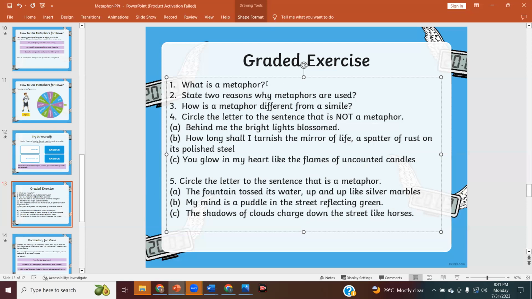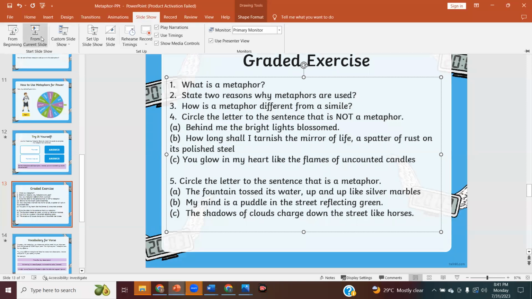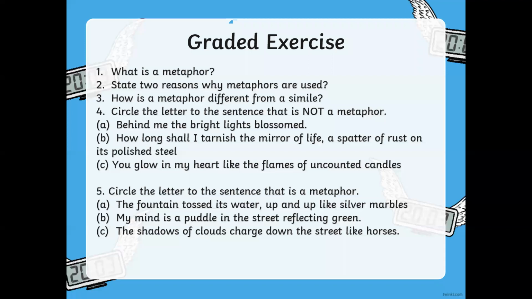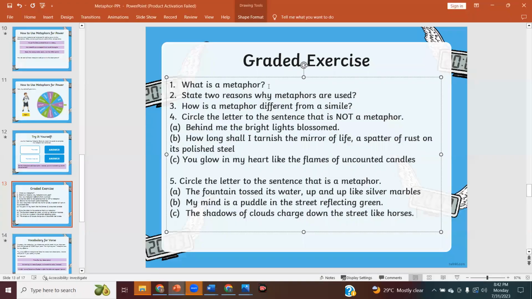All right, so just those questions. Write down the questions and the options. For number 4 and number 5, you have to circle the letter for each one. Number 1 says, what is a metaphor? Number 2 says, state 2 reasons why metaphors are used.